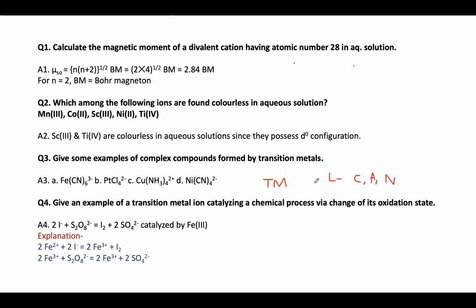So when this transition metal binds with several such ligands, it forms such complexes as TMLn. These are actually called the complex compounds. The chemistry of these complex compounds will be discussed well in the coordination compound chapter, which I will discuss later after finishing these d and f block elements.